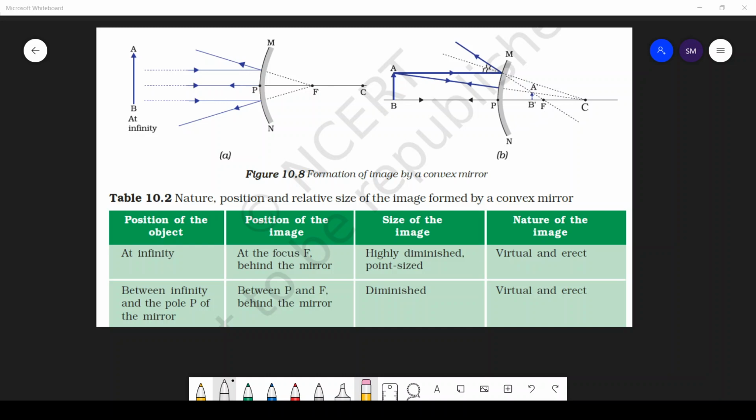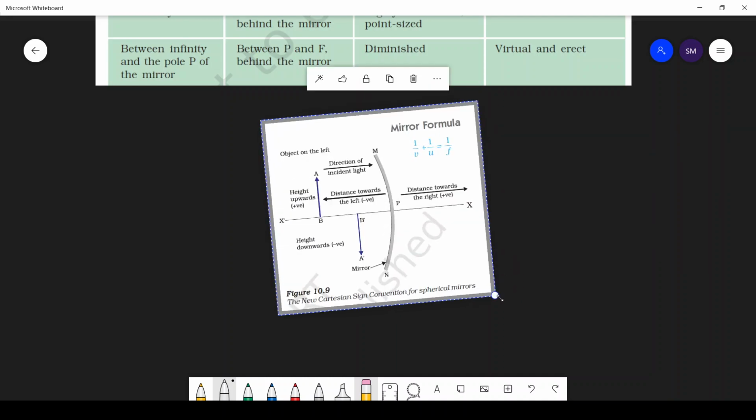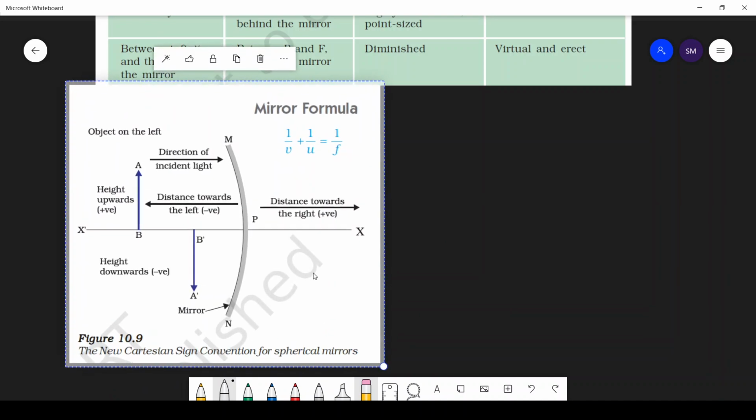So students, look at this figure 10.9 in your books. So we have the mirror formula.